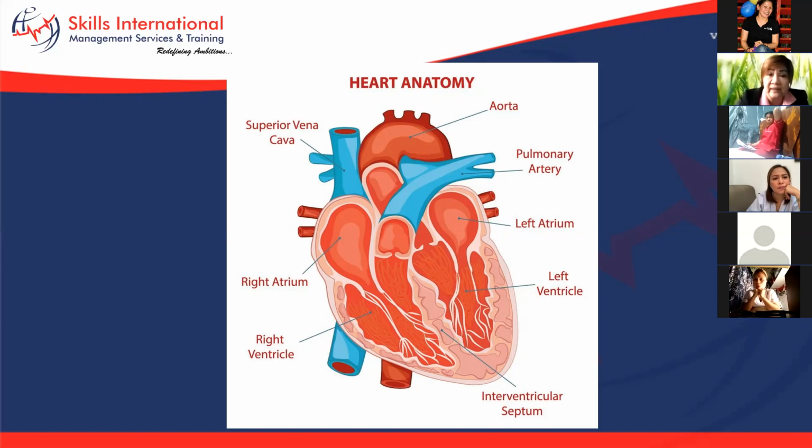At down, structure of the heart, meron tayong hati-hati. Yung puso natin na hati sa apat. Meron tayo sa taas, dalawang kalahati, left at saka right atrium. Sa baba nun, meron din tayong dalawang kalahati. Meron tayong left ventricle at right ventricle. Okay, so this is the heart.